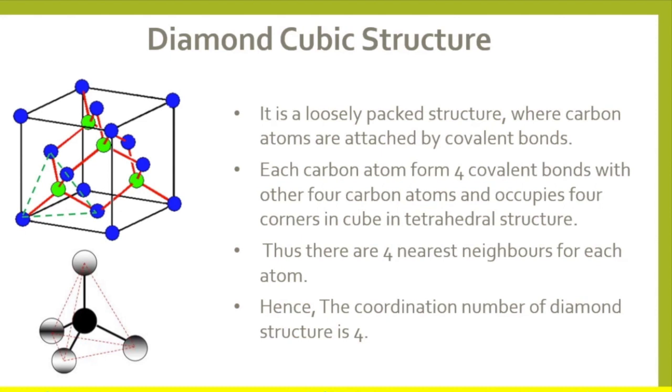Here you can see that one carbon atom is attached to 4 different carbon atoms. Also in the unit cell you can see that these 3 carbon atoms are attached to this body atom, and so these are the 4 closest atoms to each other.